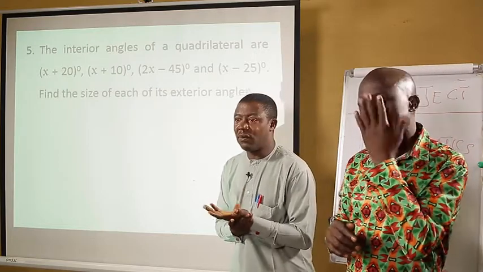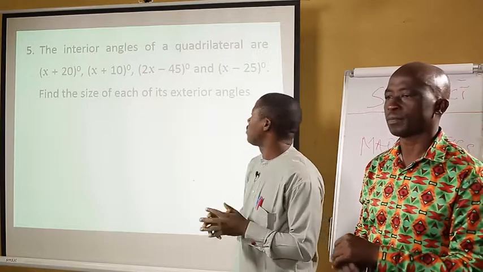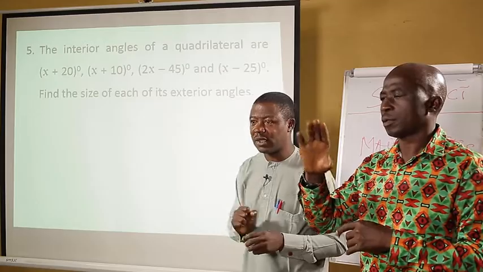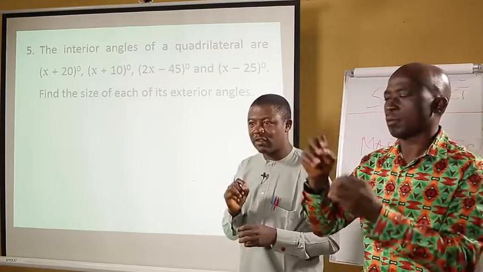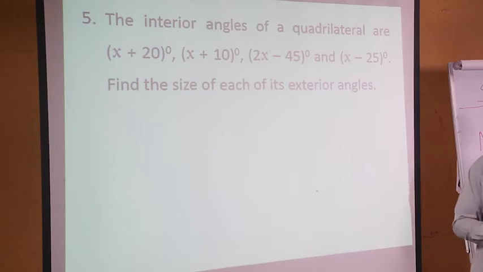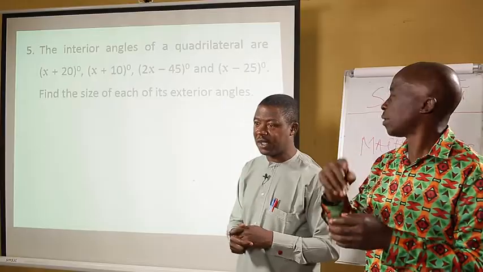The last example, example 5: the interior angles of a quadrilateral are x plus 20 degrees, x plus 10 degrees, 2x minus 45 degrees, and x minus 25 degrees.